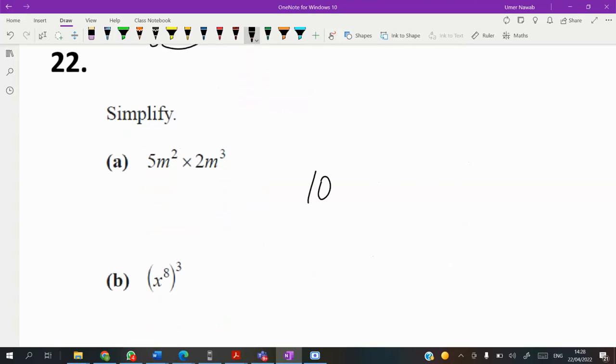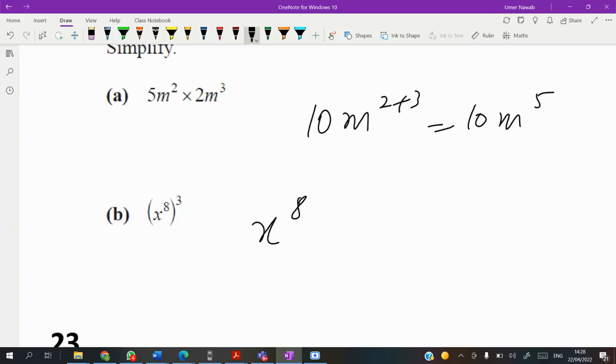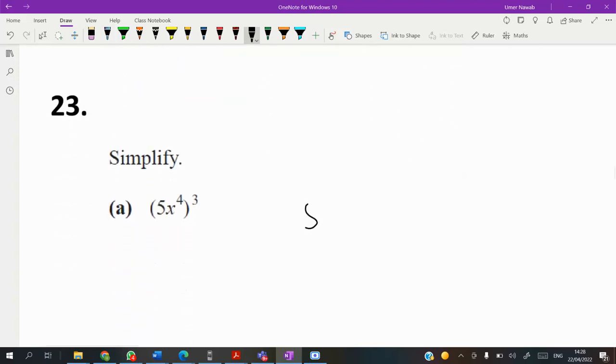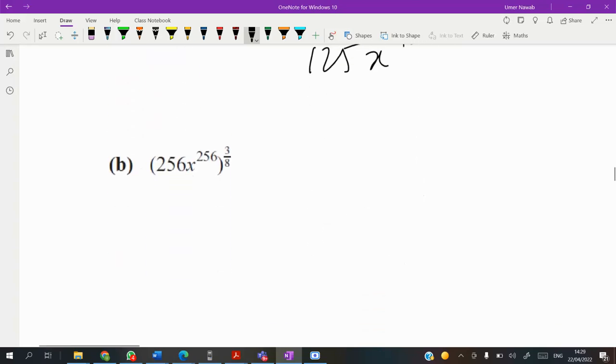So 5 times 2 is 10, so 2 plus 3, so 10 to the power 5. 8 times 3, so 24. 5 raised to the power 3, 4 times 3, 125, 12. 256 times 3 over 8.